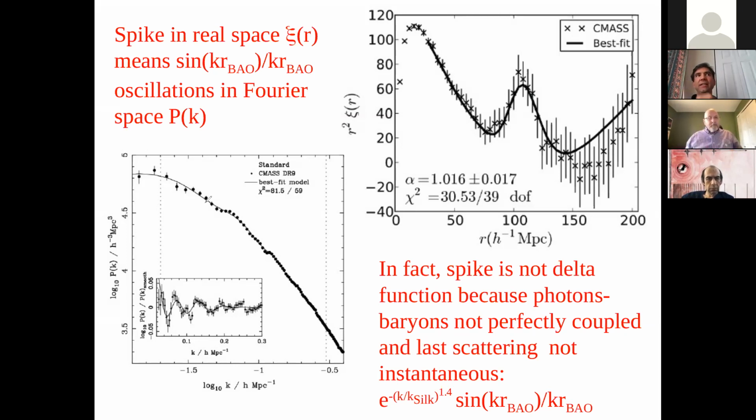And that shell is the difference of two spheres. And if I take the difference of two shells in real space and that shell is thin, then the Fourier transform of that thing is sin(kr)/(kr). And the r is this scale. So that's the BAO scale.